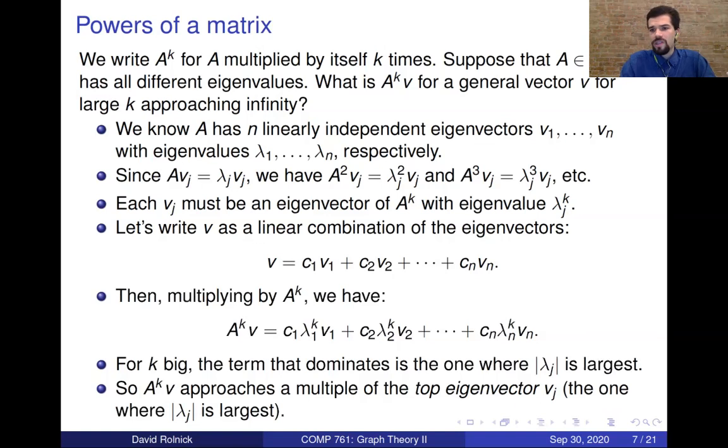Does it matter which c is the largest too? So the c is not changing with k. Basically, the point is just that no matter which vector you start with, if you multiply by a matrix enough, it's always going to be pointing in the same direction. Does that make sense?